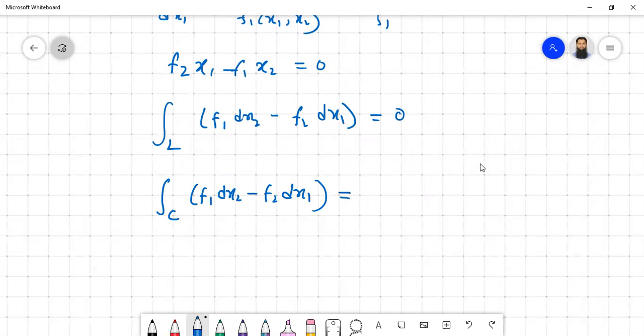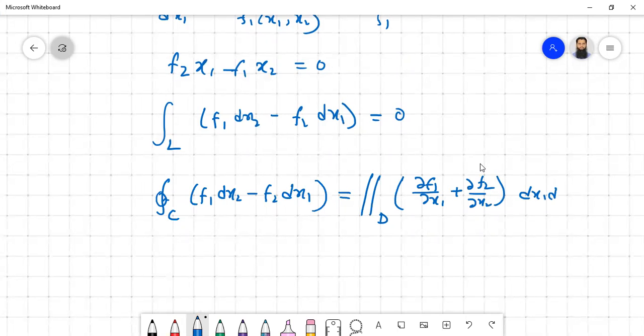If you now apply Green's theorem or Stokes theorem on a closed surface, f1 dx2 minus f2 dx1, this is for a closed curve, can be written as a double integration over the surface area of del f1 by del x1 plus del f2 by del x2 dx1 dx2, and it should be equal to 0. So from here you can see that this parameter actually has to be 0.